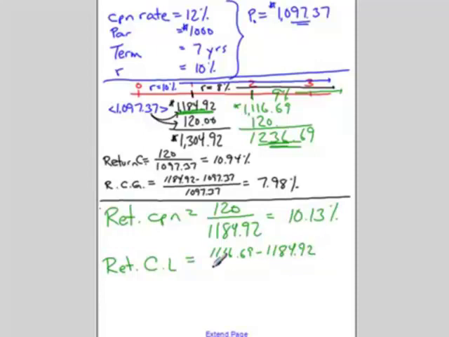That's our dollar loss divided by our initial investment of 1184.92. That would give us our percentage capital loss, and that is a negative 5.76%.